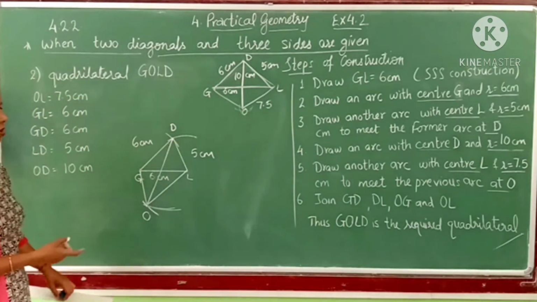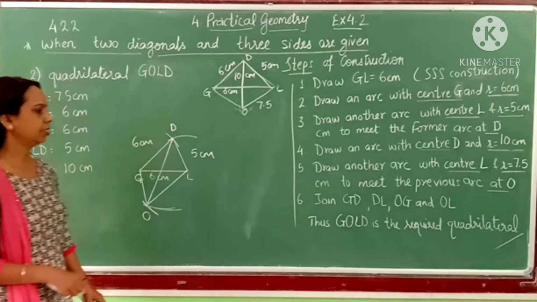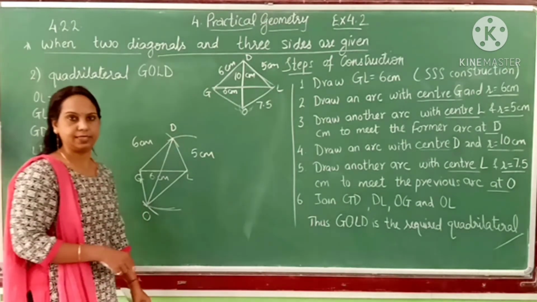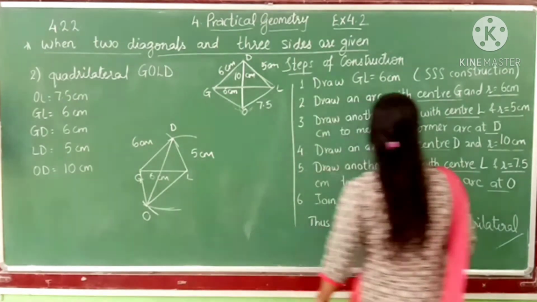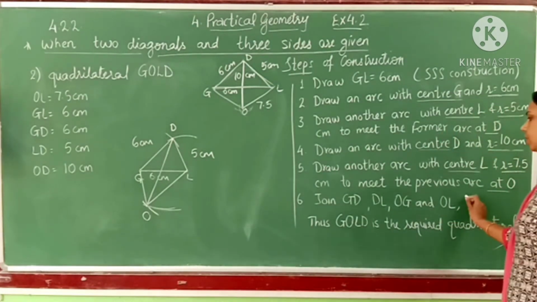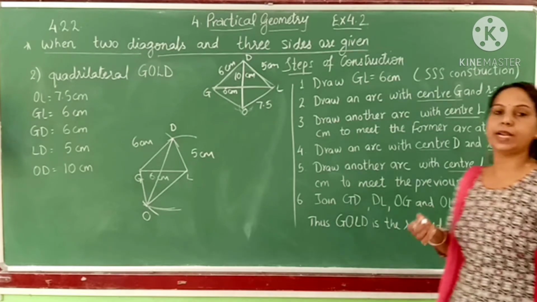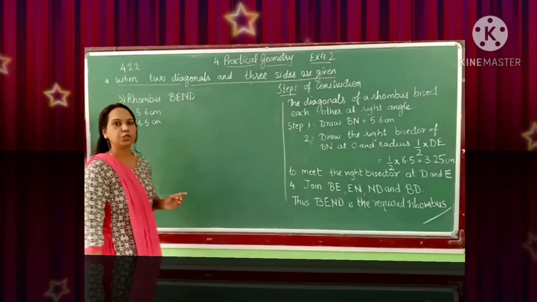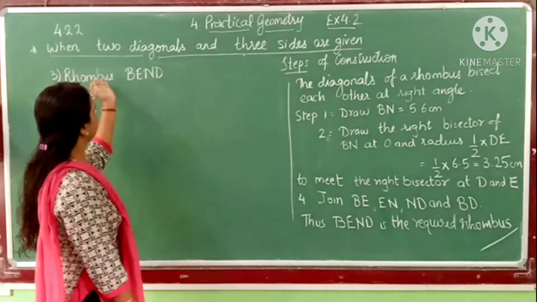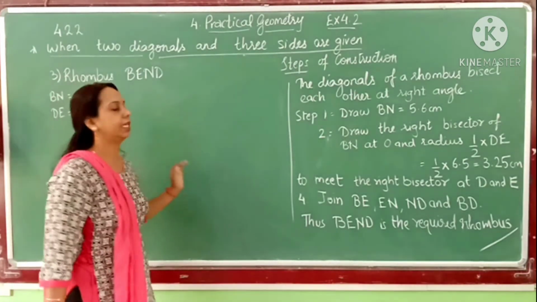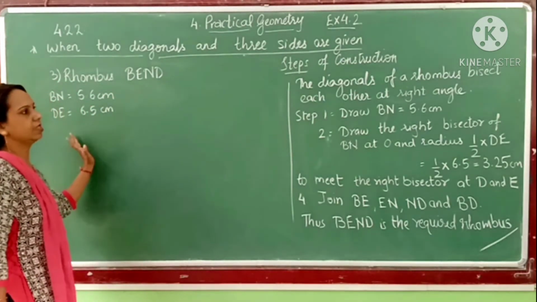So this is your required construction GOLD. Okay. So you can write here also OD. So GOLD is your required quadrilateral.